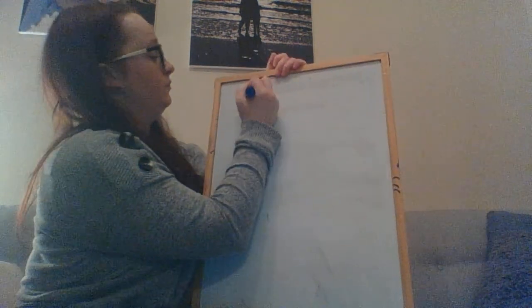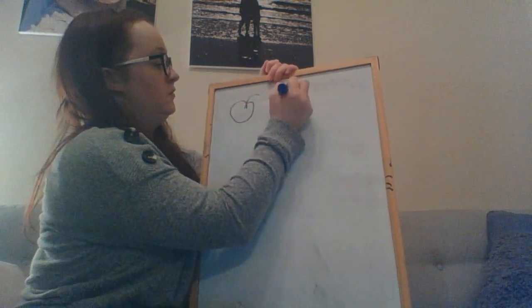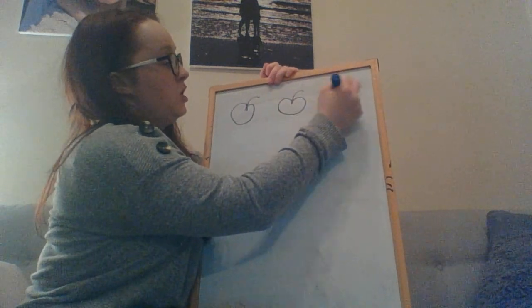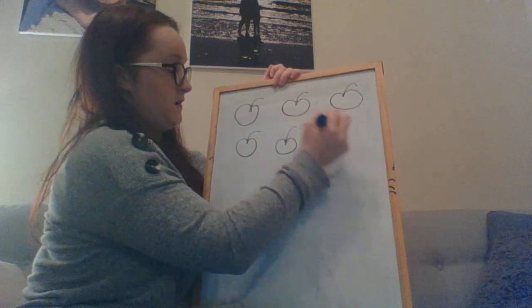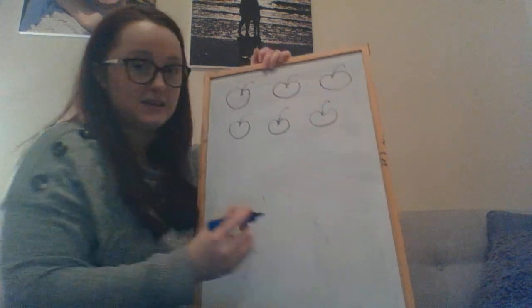Now, another question, just one more that I want to run through with you, is something that might appear on your maths today. My question is that I've got 6 apples. 3, 4, 5, 6.